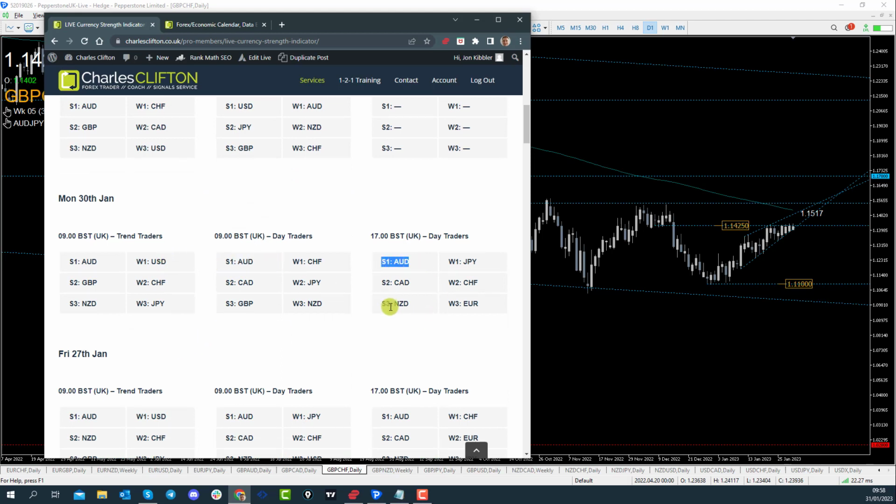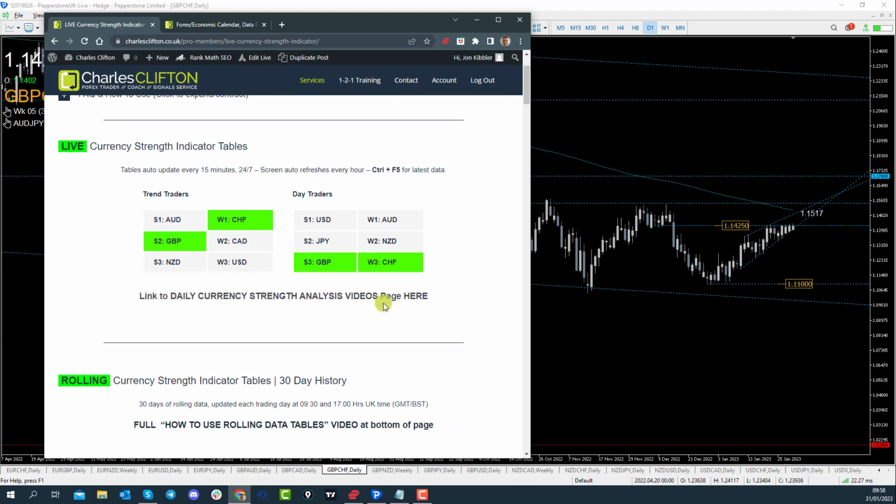Even going into the evening, it was S1 on the day traders. That has completely flipped today, and we can see that it's actually W1 on the day traders, meaning that the momentum really is with the sellers on the Australian dollar at the moment. So short term, Australian dollar is weakening. Long term, in the bigger picture, we still have the potential for the trend to continue.